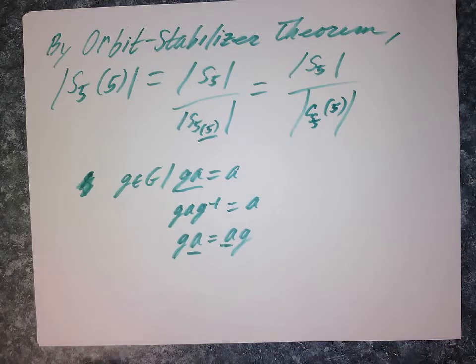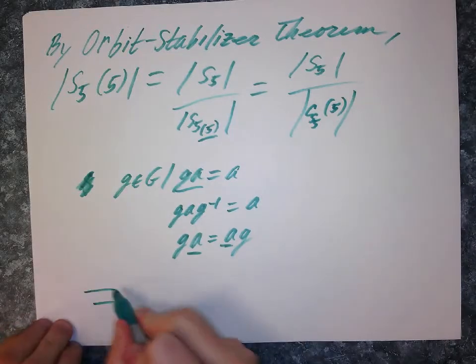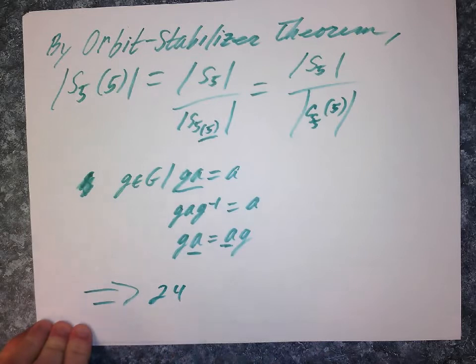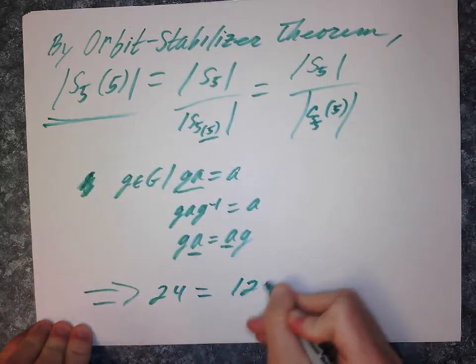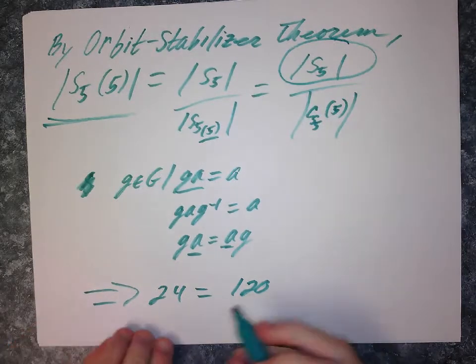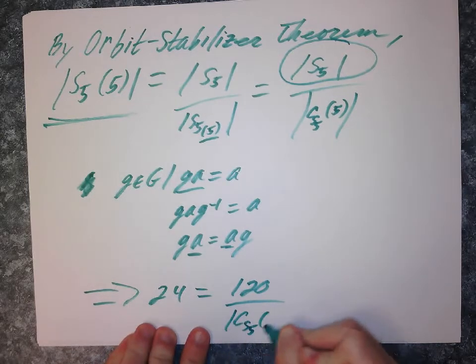Okay, great. When you rewrite all of this, you end up getting that 24, which is this orbit part here, equals 120, which is the order of S5, over the centralizer.